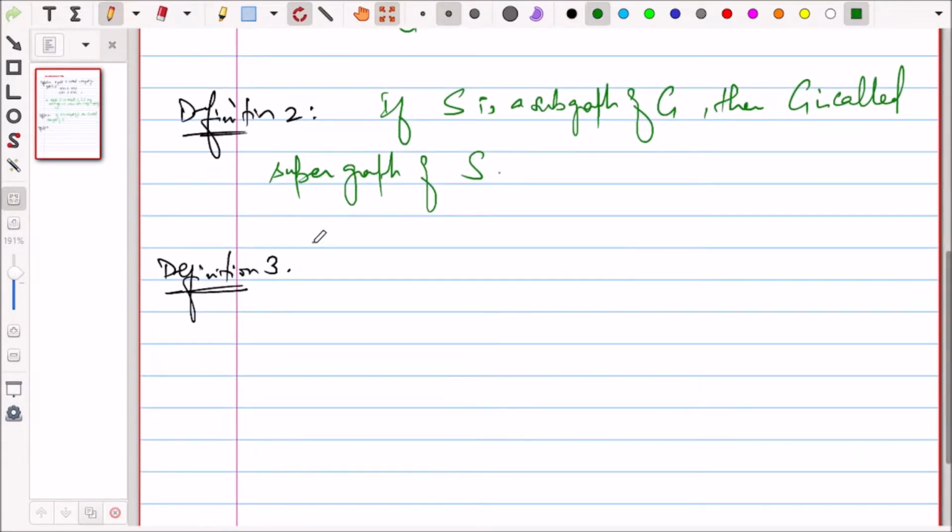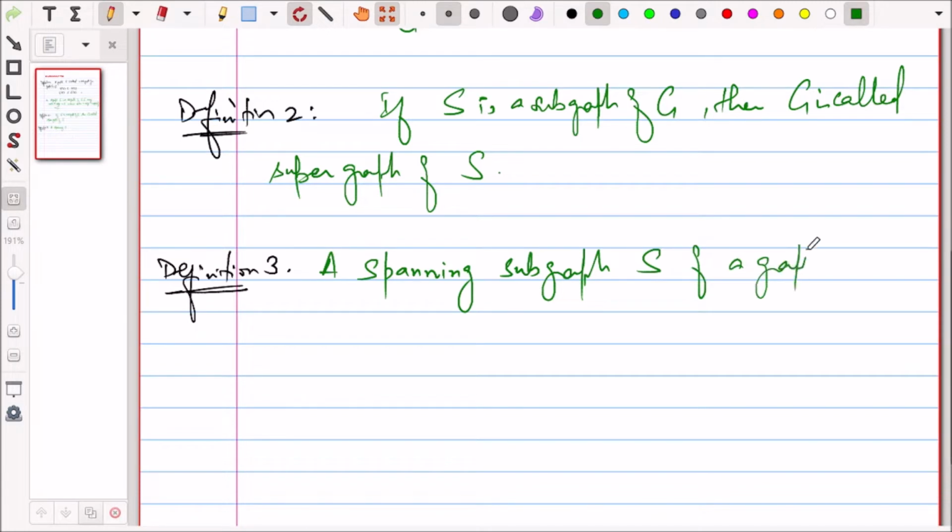So a spanning subgraph S of a graph G is a subgraph with Vs equal to Vg.